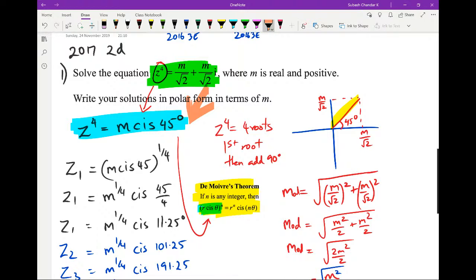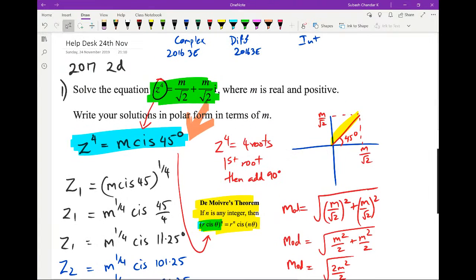Oceanic chat, just find me a question on NZQA past papers and I'll get it done, man. Cool. So we are going to differentiation question 2016 3E. All right, let me pull it up.